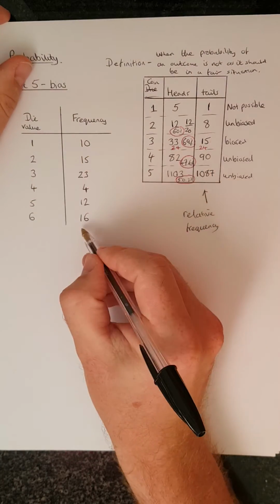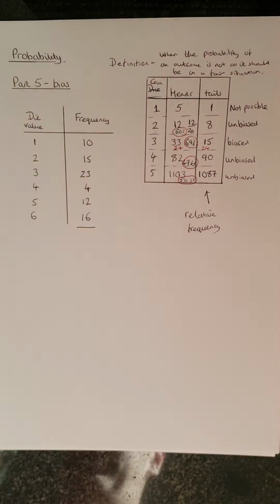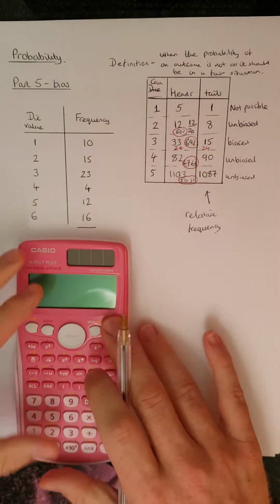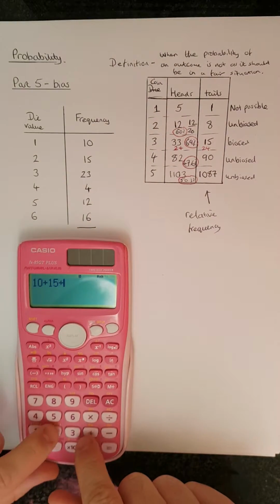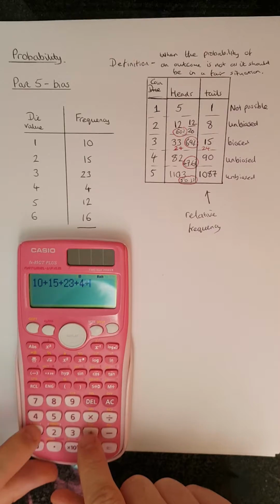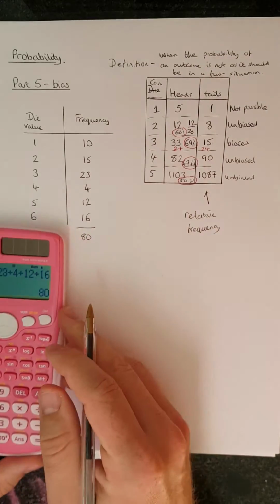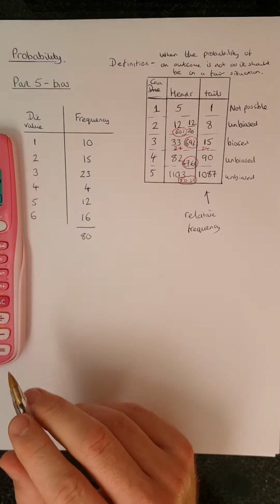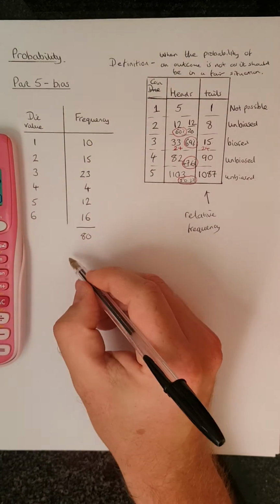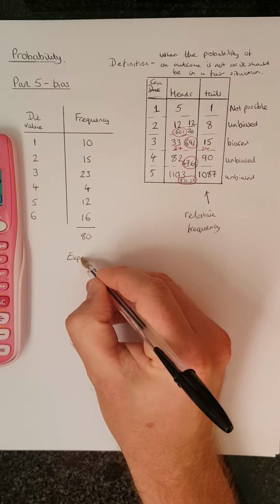So, the total frequency was 80. How many of each would I expect to get then?